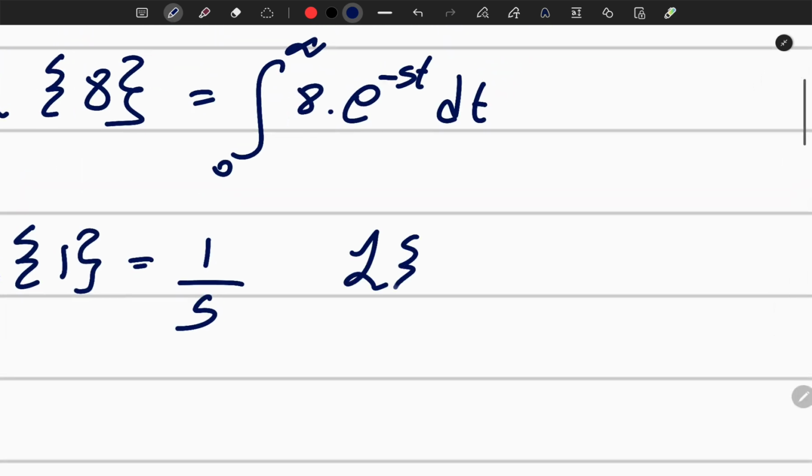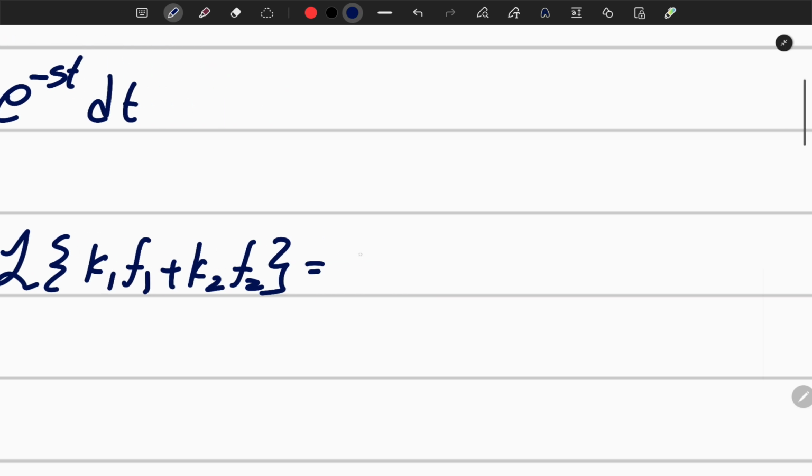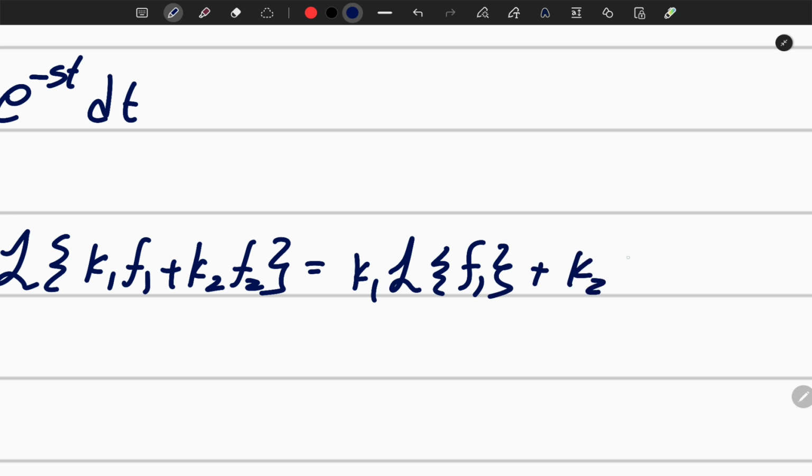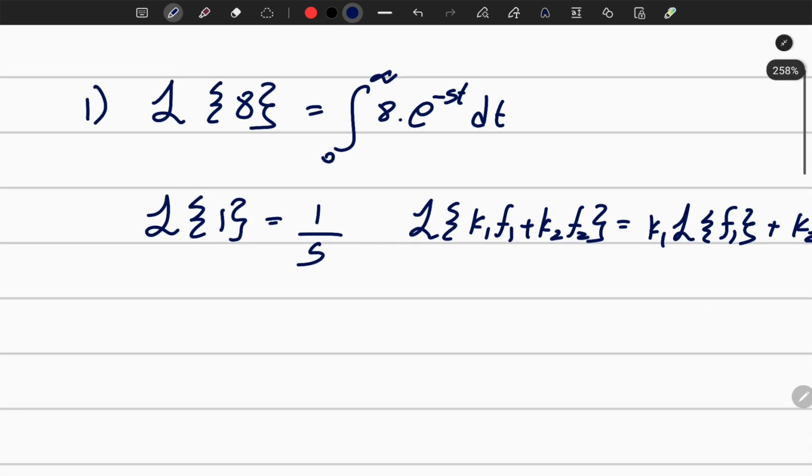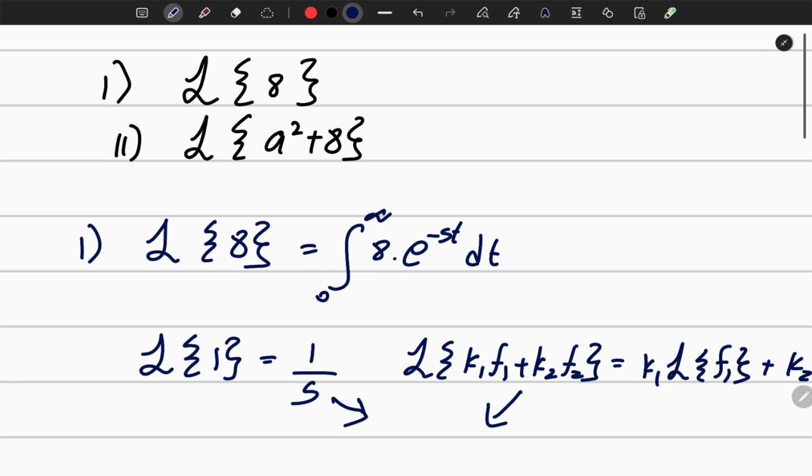What is linearity? k1 f1 plus k2 f2 is equal to k1 times the Laplace transformation of f1 plus k2 times the Laplace transformation of f2. In this video I'm going to use these two properties to solve these two examples.